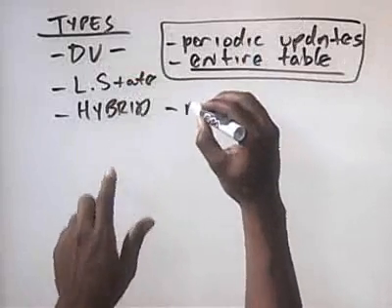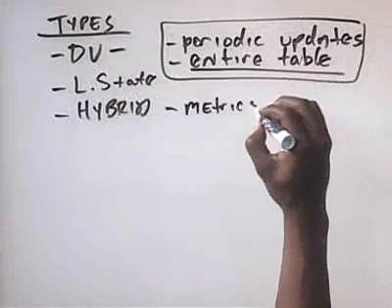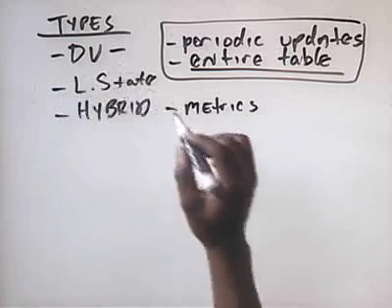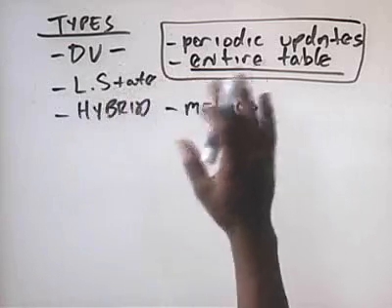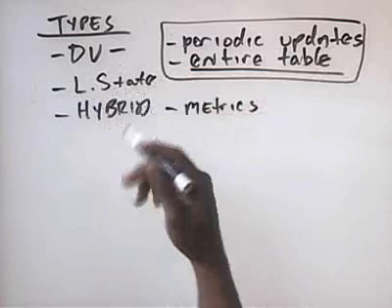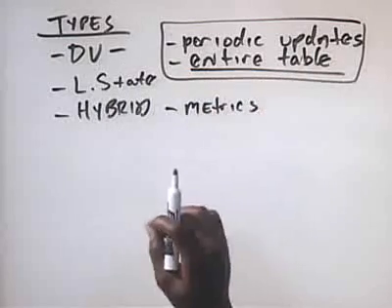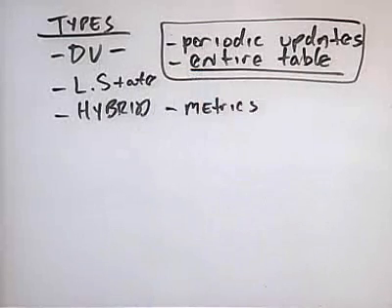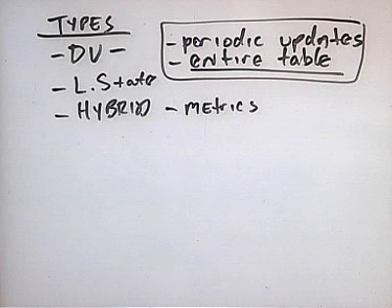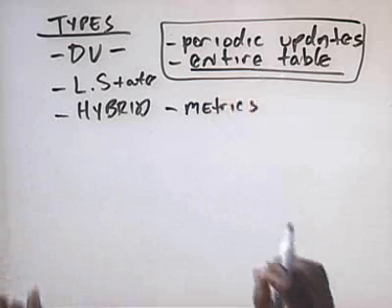Hybrid routing protocols utilize some of the advantages of distance vector routing protocols, such as some of the distance vector routing protocol metrics, but then they use change-based updates and they don't send their entire routing tables. They only send the changes themselves. Those are your different types of routing protocols.